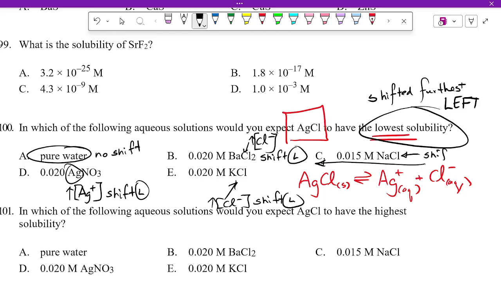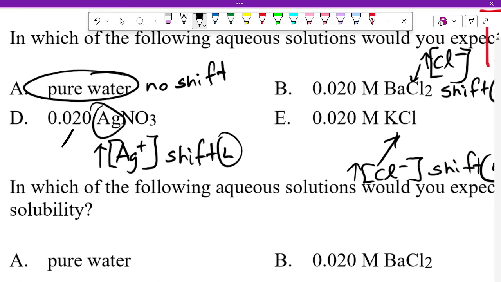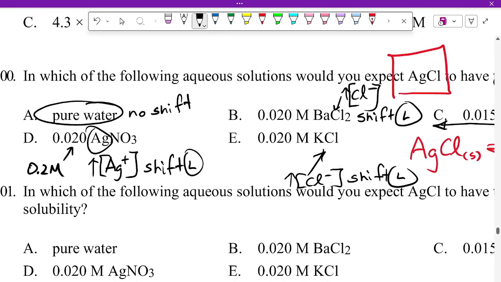Oh no, they all shift it left. What are we going to do? Which one shifts it left the most? This one is 0.2 molar. Barium chloride, because there are 2 chlorides, we get 0.04 molar chloride.